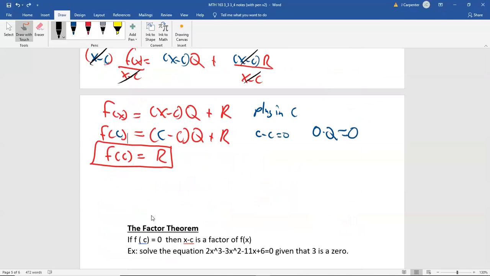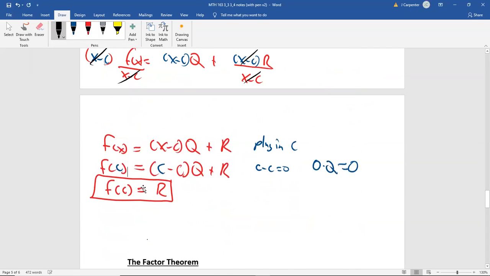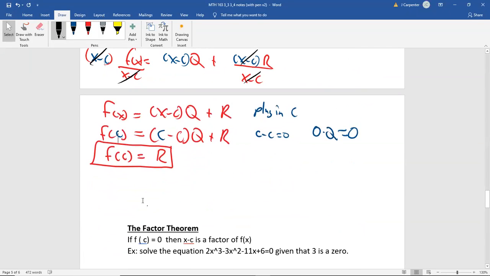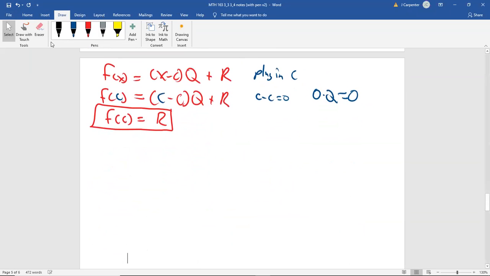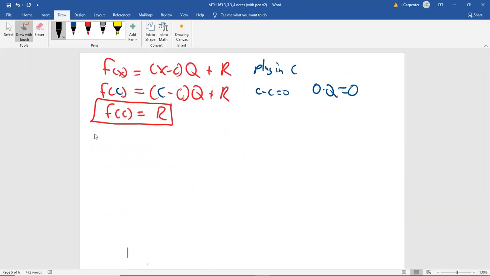All right, so example 3. We're going to evaluate using the remainder theorem. We'll do 2 of these.